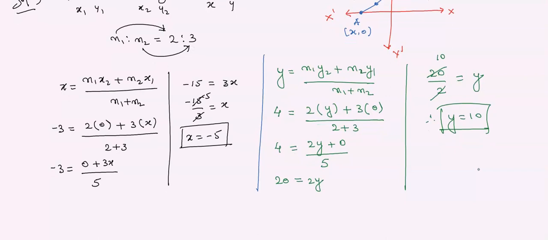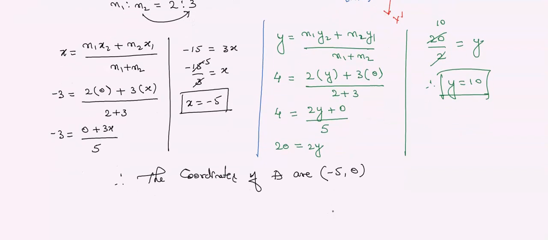Now we can conclude that therefore the coordinates of A are x comma 0, correct? In the question they have given the coordinates of A is x comma 0. So x means minus 5 comma 0. Done.